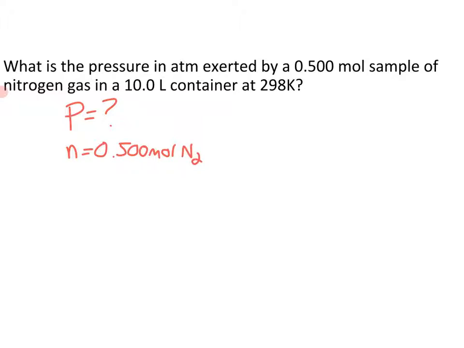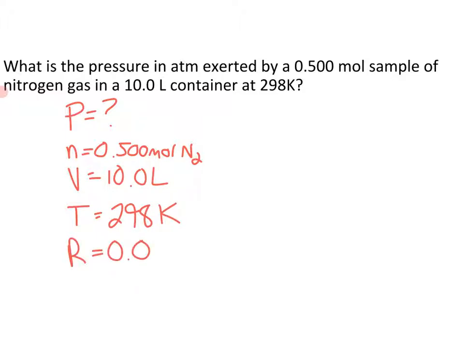Sometimes that's important, especially if I'm given grams and asked for moles and I need to convert. In a 10-liter container at a temperature of 298 Kelvin. Okay, so we still need our R value, which is always 0.0821 liter atmospheres per mole Kelvin.